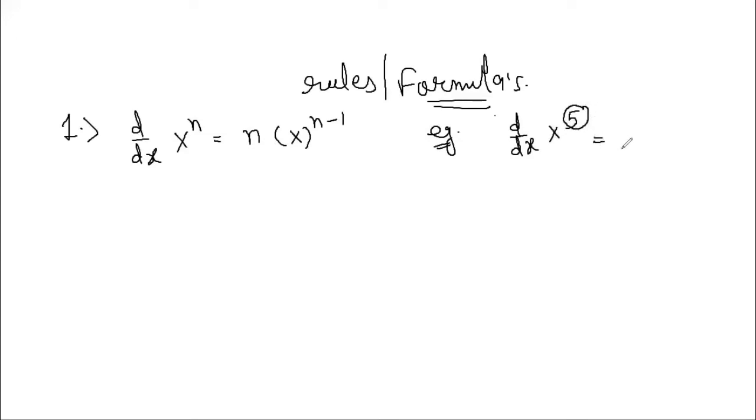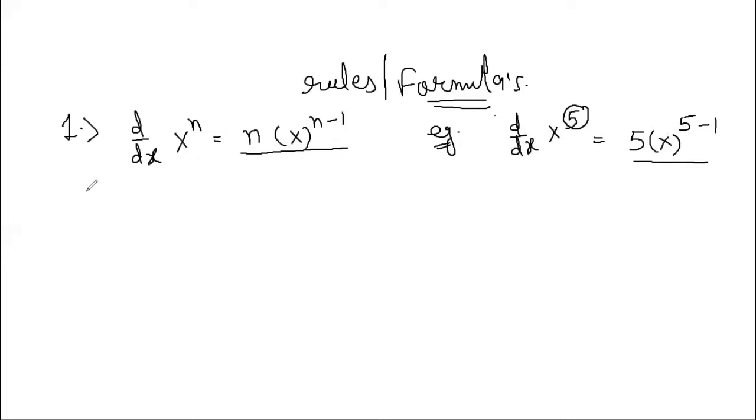So how can you differentiate? 5, the power, should come first, then the variable x, and whatever power you have been given will be reduced by 1. So see, we are applying the same rule. And don't you worry, even if you don't get it, I will give you so many examples of this rule.